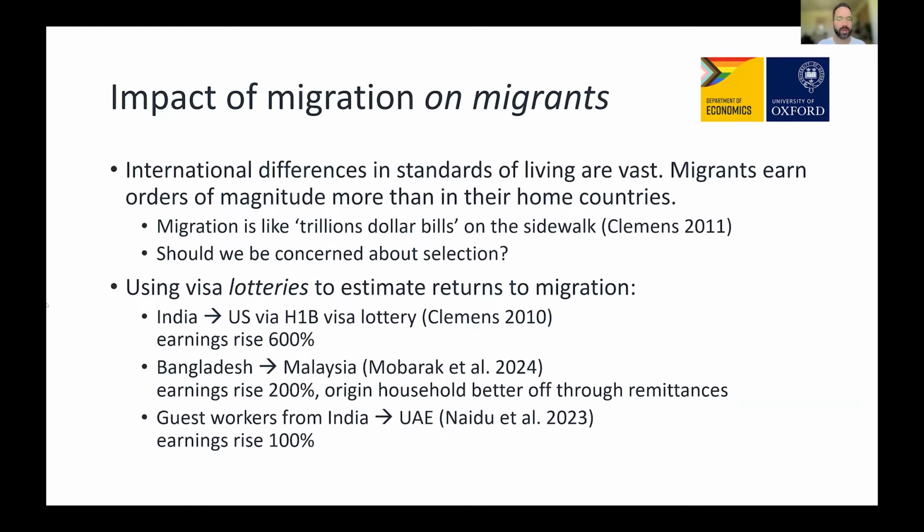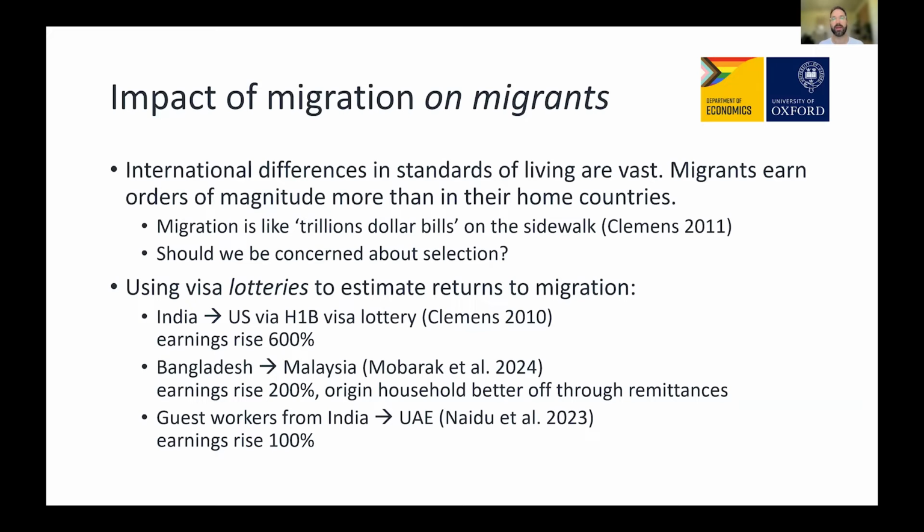And what you see across many, many different places, there's a US H-1B lottery, there's a visa lottery for Bangladeshis to go to Malaysia in this Mobarak paper, or a guest worker program of Indian workers going to the UAE. Across these settings, you see very, very large returns to randomly being selected for migration, ranging from 100% to 600%, and even more in some papers, increases in incomes.